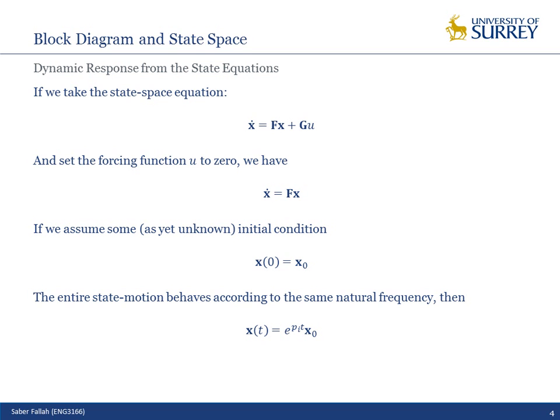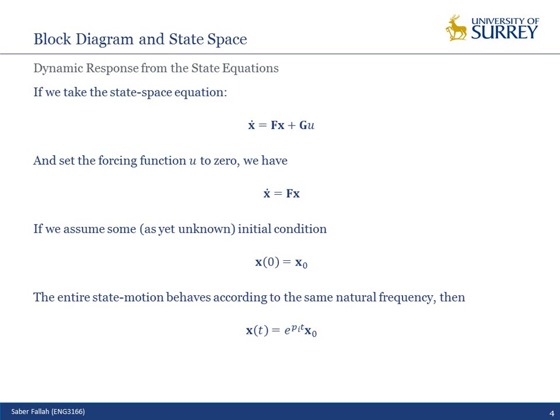So, if the solution x(t) is given here, and I substitute into this relation, if I get x dot(t) from this solution, I will have pi e to the power pi t times x naught. Is that true? Calculate x dot(t) from this relation. It will be pi e to the power pi t times x naught.